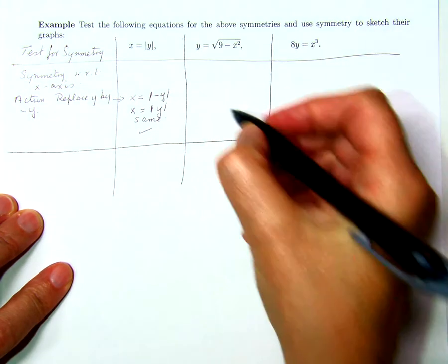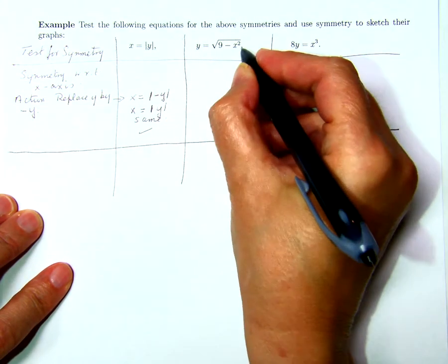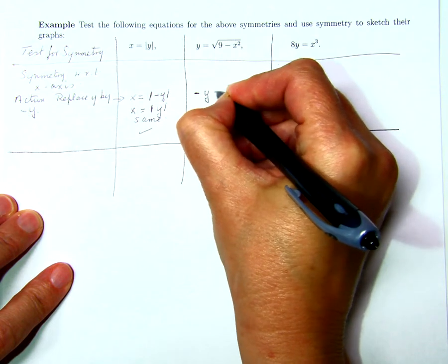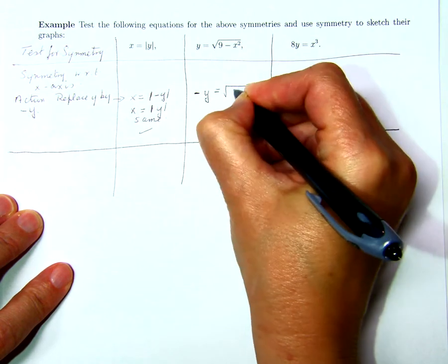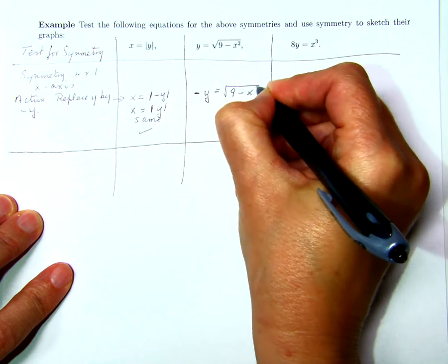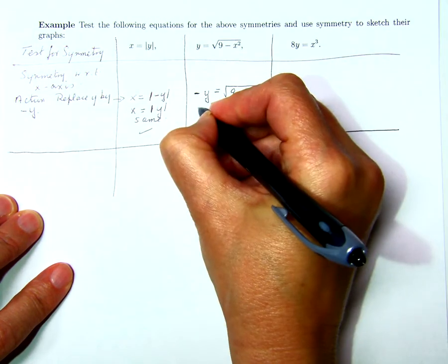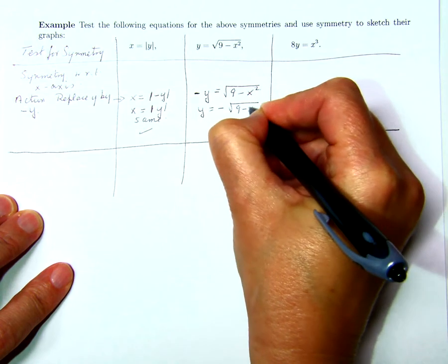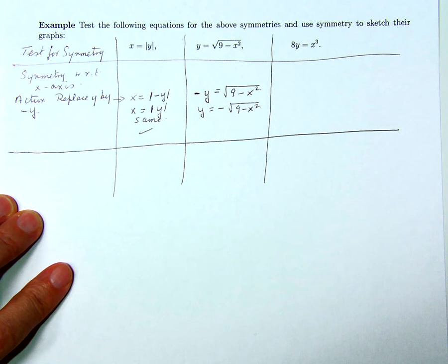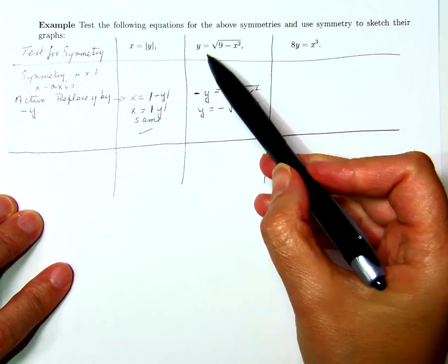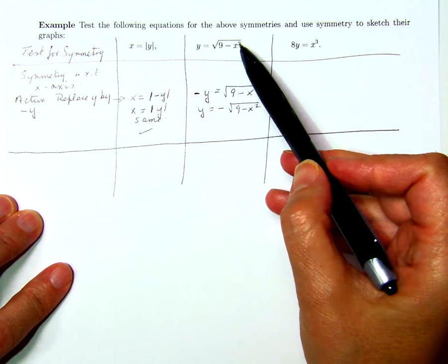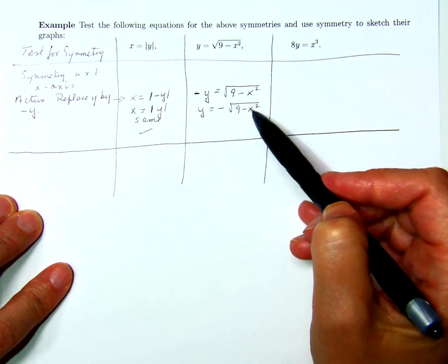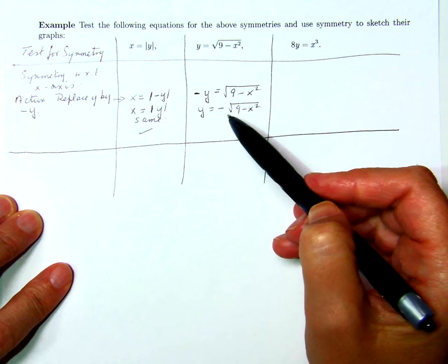What about y equals the square root of 9 minus x squared? When I replace y by negative y, I get negative y equals the square root of 9 minus x squared. And I get y equals negative the square root of 9 minus x squared. That's not the same equation. Here I have y equals some positive number, and here I have y equals some negative number for any given x, so they could only be equal when y equals 0.